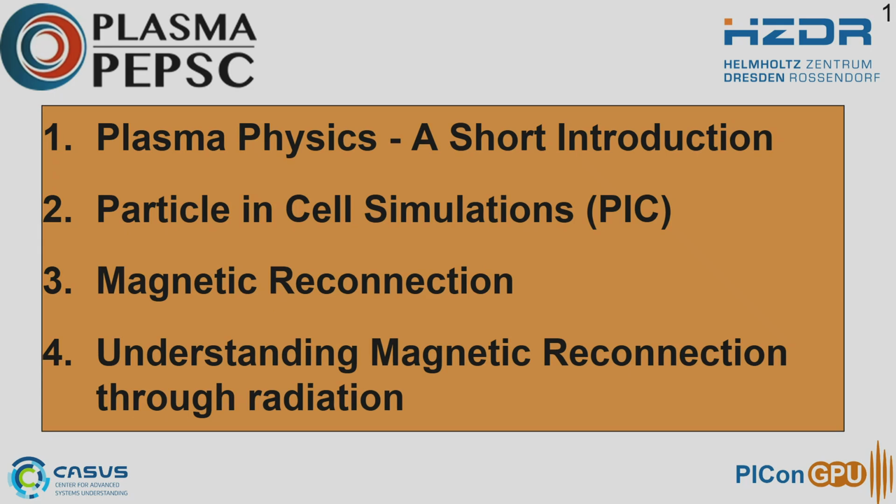Then I'm going to talk about how you numerically simulate plasma physics, which in many cases are particle-in-cell simulations. Then we're going to talk about what magnetic reconnection is, and then what this research is actually about: understanding magnetic reconnection through radiation that you can measure from or in space.